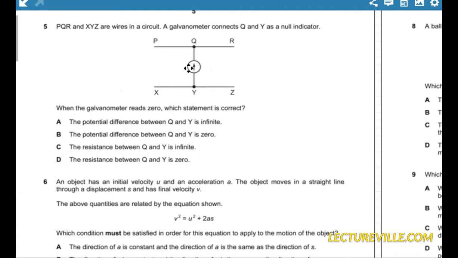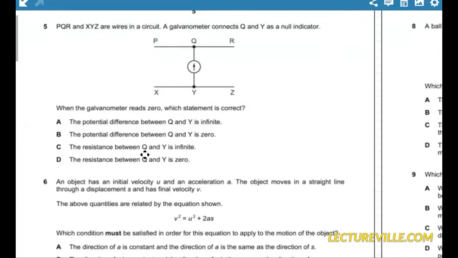If the galvanometer, which is actually a very sensitive voltmeter, is reading 0, it means that the potential difference across the voltmeter is 0. The electric potential at both points is exactly the same. So which option says that the potential difference between Q and Y is infinite? Then the voltmeter reading should be maximum.